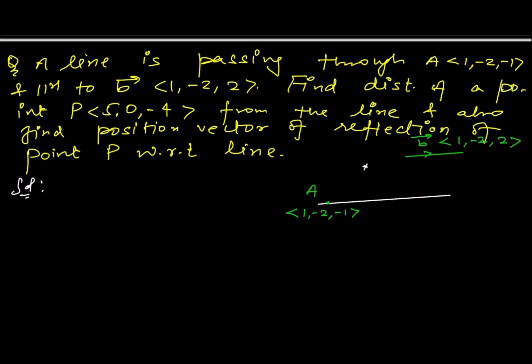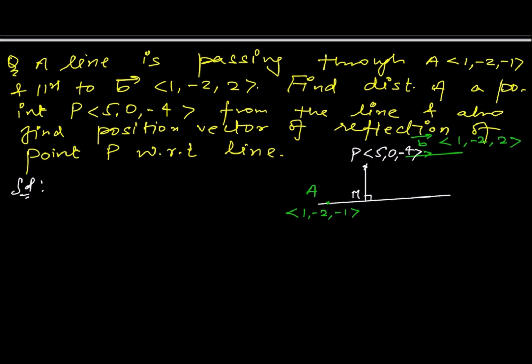the distance of a point P having position vector (5, 0, -4) from the line. We have to find this distance, say PM, and also find the position vector of the reflection of the point P with respect to the line.